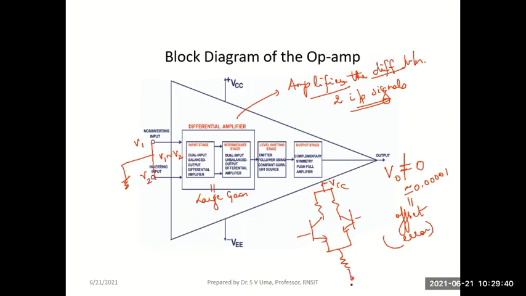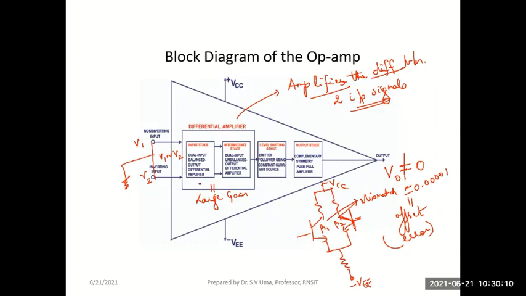And if there is a small mismatch in both the transistors, remember, no 2 transistors can have the same beta, right? So because of this small mismatch between the beta values of these 2 transistors, it will lead to a small error voltage or offset voltage present even when the inputs are 0.